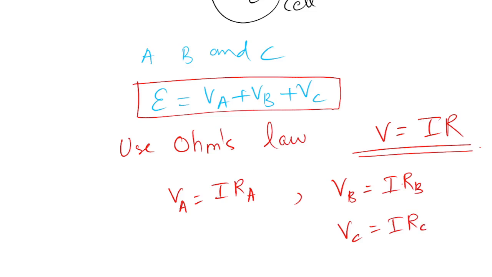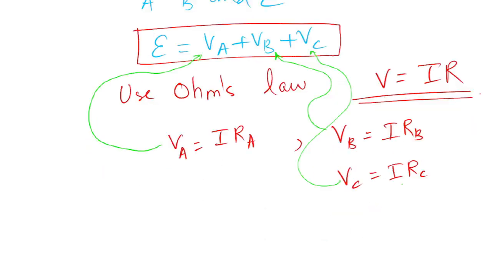Correct? Now you may be getting some idea what we can do with this VA, VB and VC. I can take this VA and substitute its value here, VB and substitute its value here, and VC substitute its value here.